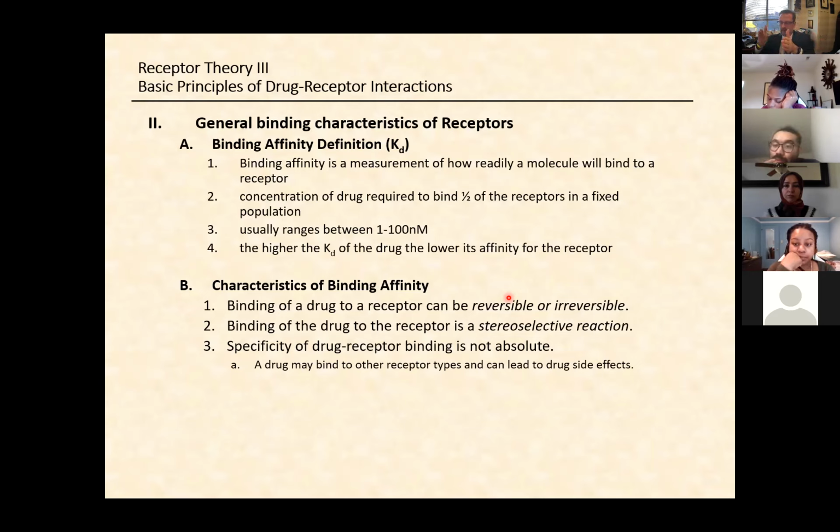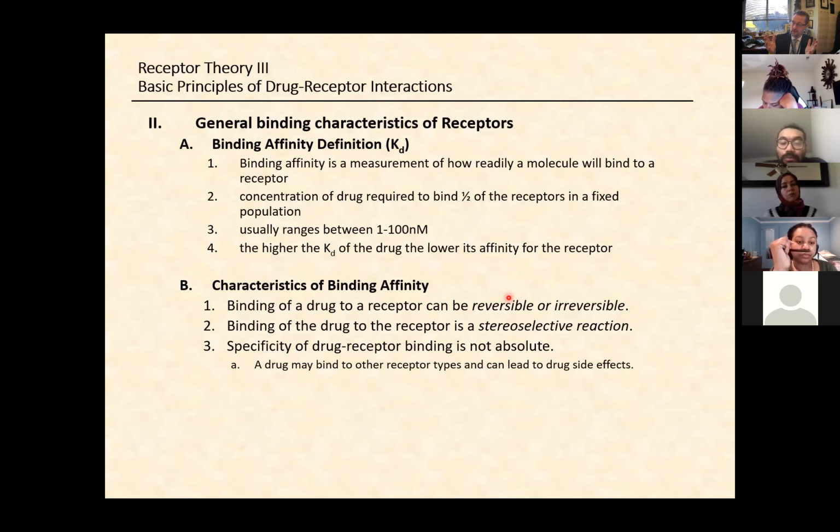And we keep bumping up the dose of our ligand and continually measuring how many more receptors are bound until we get to that 50% mark. And that is the reference point that we all agree to use as the binding affinity. We're going to explore KD an awful lot and what that means. But for right now, we have a verbal definition, and then we have our experimental or laboratory definition, which is the concentration of drug required to bind 1/2 the receptors in a fixed population.